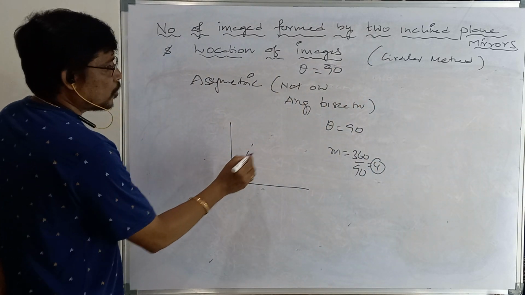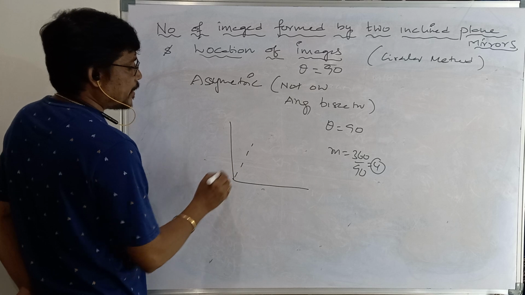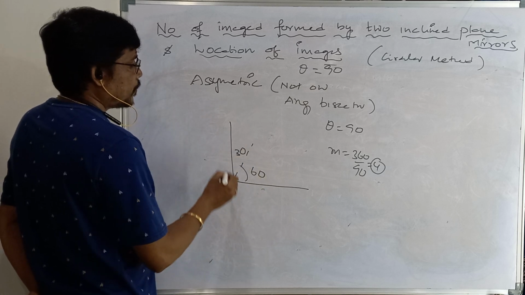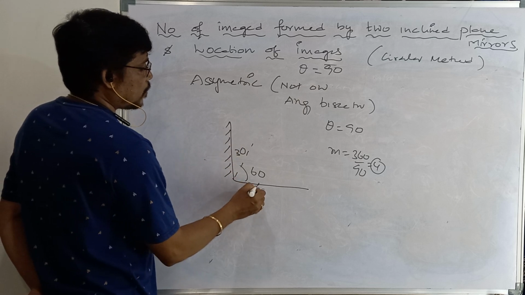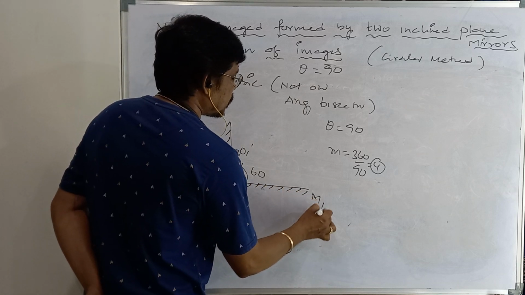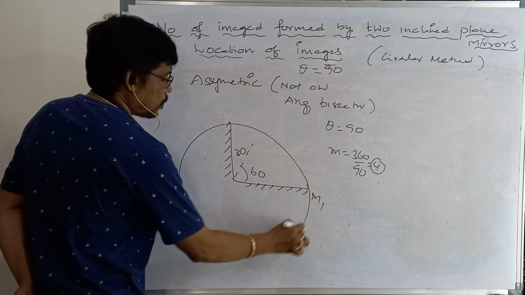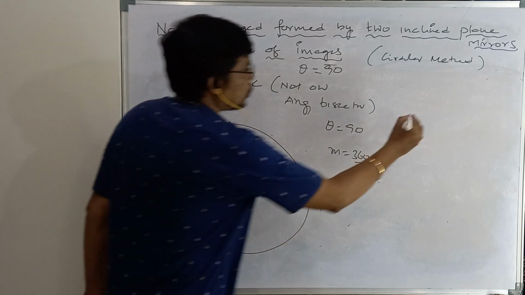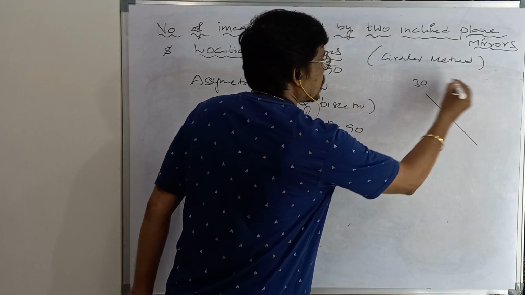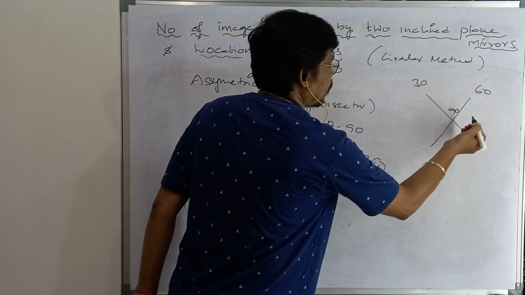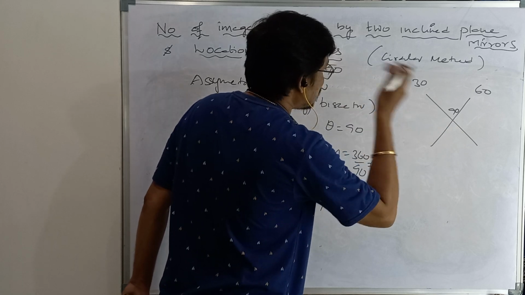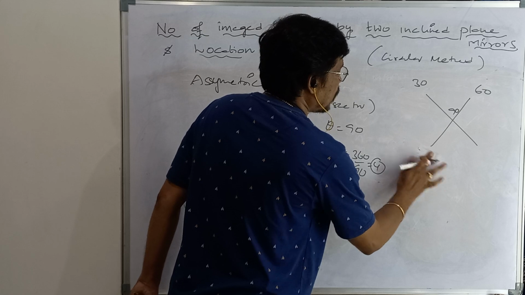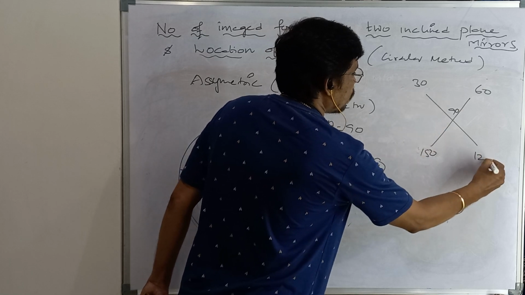So let us see the asymmetric case. I will consider this as 60 and this as 30. The total is 90. This is the first mirror and this is the second mirror. So as usual, this is 30 and this is 60, this is 90, this is 120, this is 150 and this is 120.